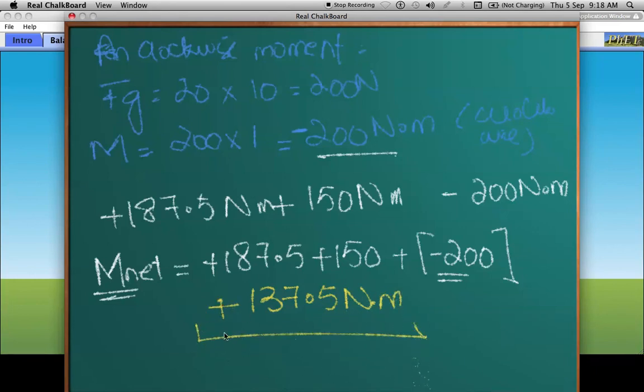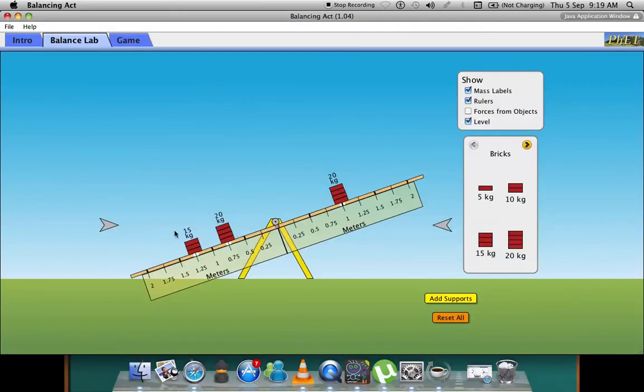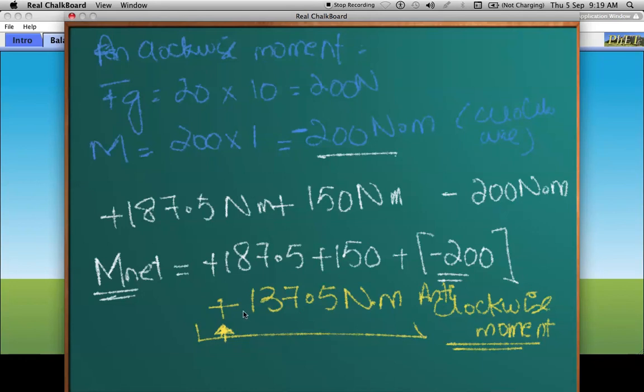And this should tell you, because of our own decision, that this is an anti-clockwise moment. Sorry, I'm sorry, don't get confused. This is an anti-clockwise moment. And you can see from here that there is a net moment which is moving this seesaw in the anti-clockwise direction, because the total moment is in the anti-clockwise direction.